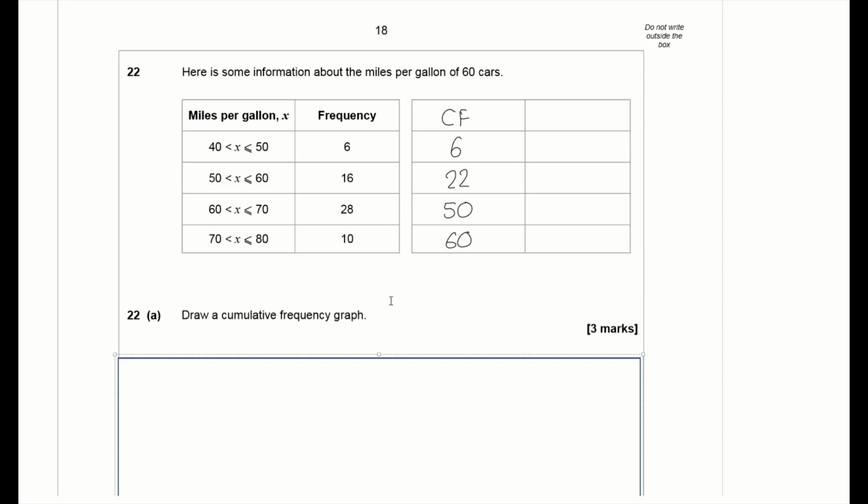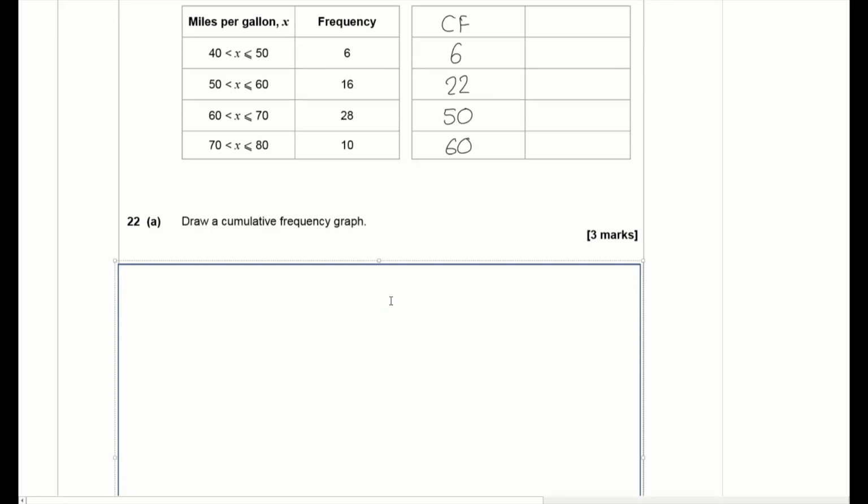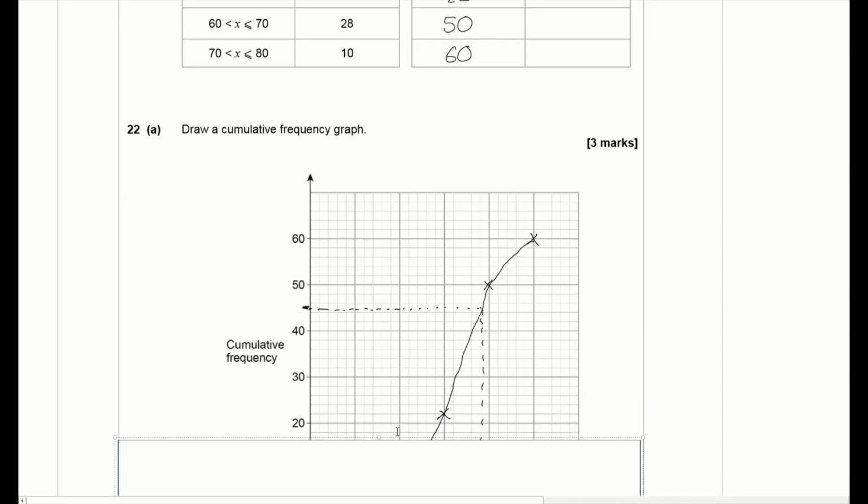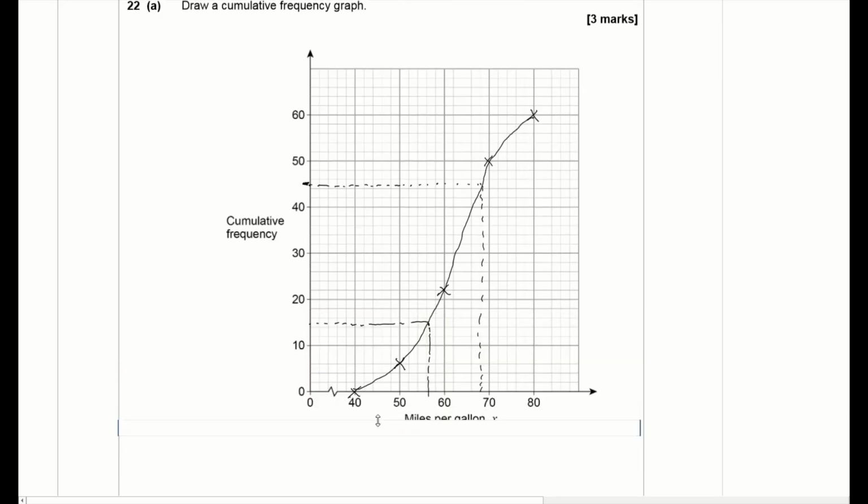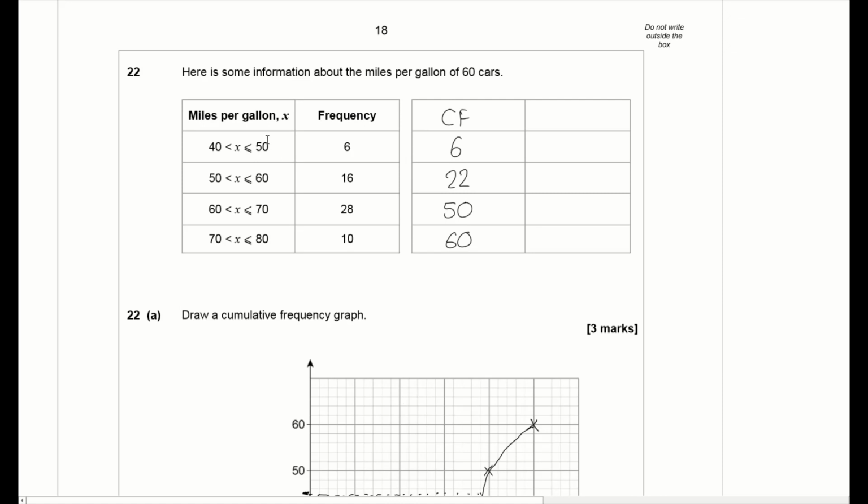Now that has implications for how you draw and plot out your cumulative frequency graph. When you are plotting them out, you've got to make sure that you take the right hand value of each of these intervals here. Do not take the midpoint, don't take the lower value, you've got to take the upper value, because that's all that you can say for certain.